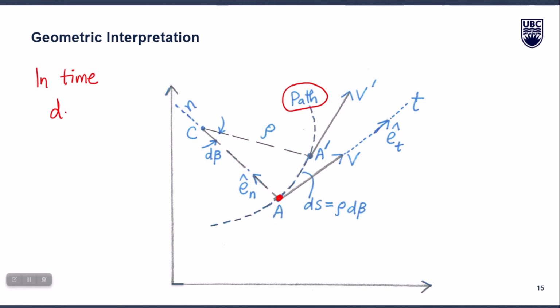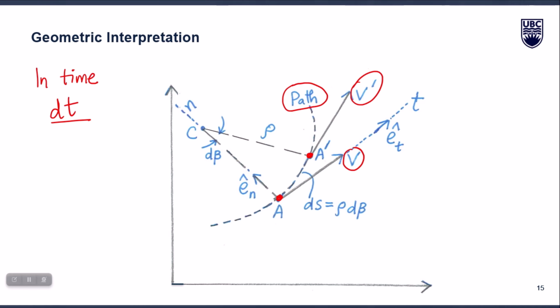So this whole motion is occurring in time equal to dt, right? So during time dt, that motion occurred from A to A prime, and if I represent the velocity vector of that particle at point A as v, and the velocity vector at point A prime as v prime, with this notation, what we can do is start both of these velocity vectors from the same point and try to calculate what is the difference in these vectors.